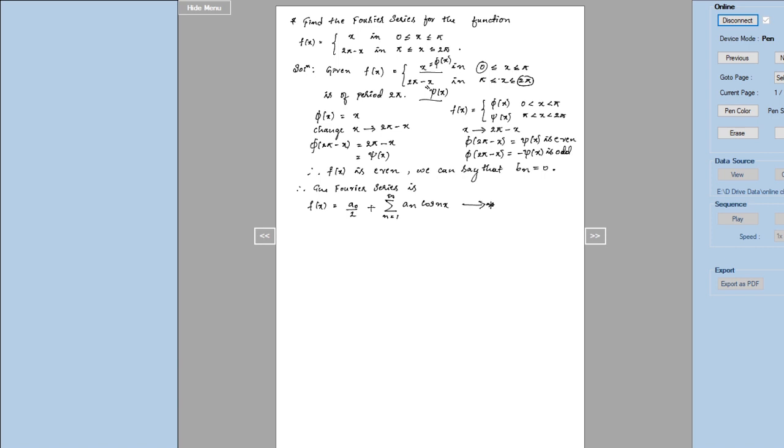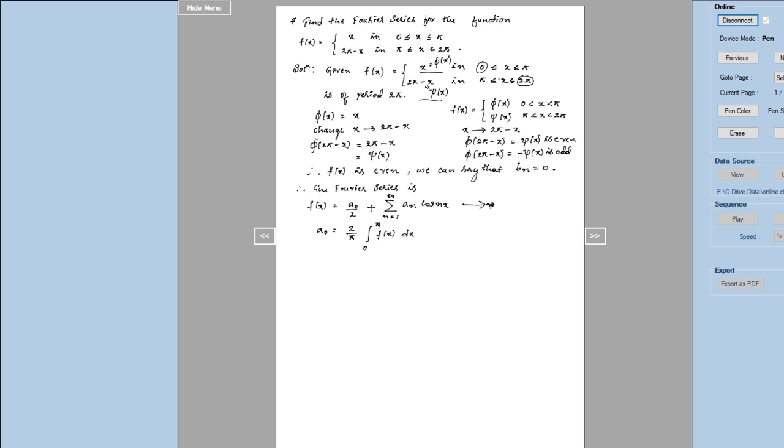Now we shall find out the values of a naught and an. As it is an even function, a naught is defined as 2 by pi integral 0 to pi f of x dx.